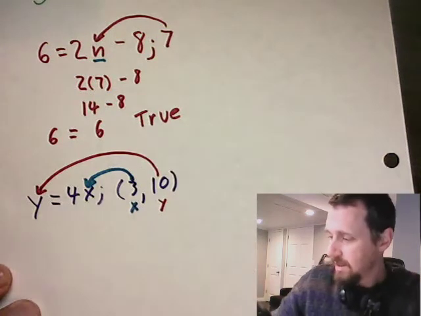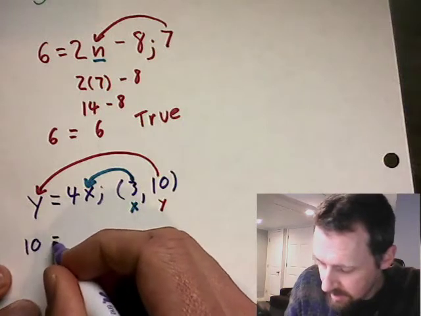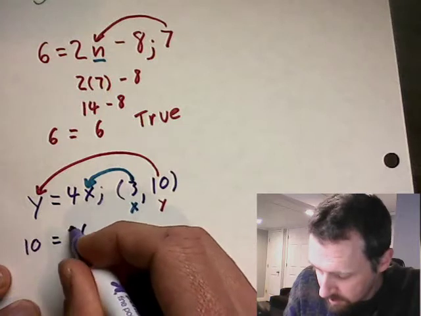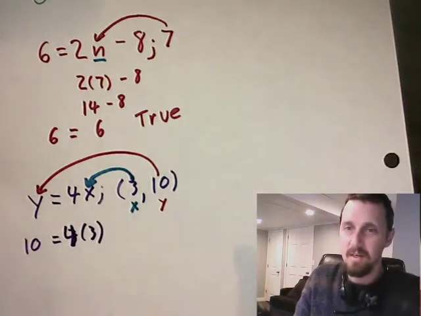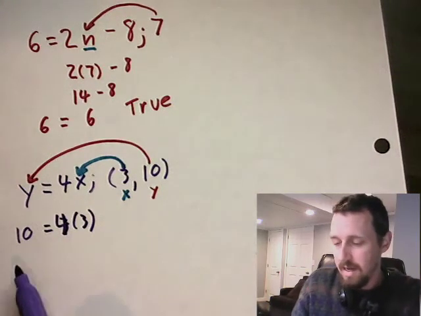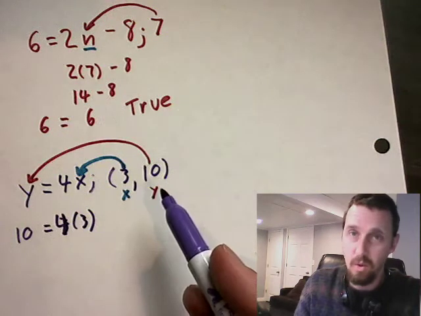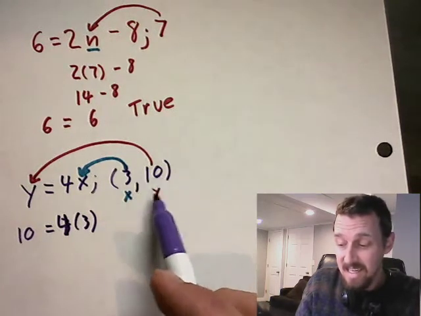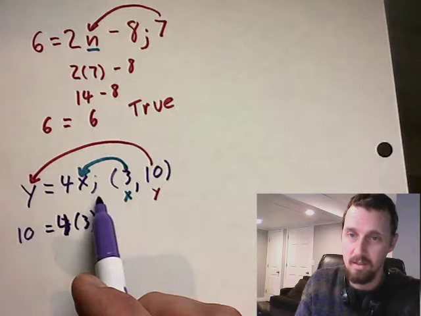So I'm going to end up with 10 equals 4 times 3. Oops, got a little bit ahead of myself there. Now this isn't necessarily true. The question here would be, is this ordered pair a solution to this equation?